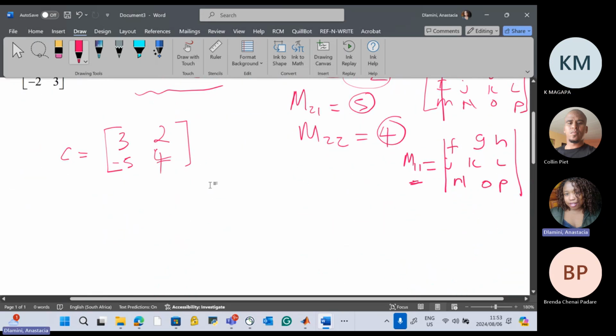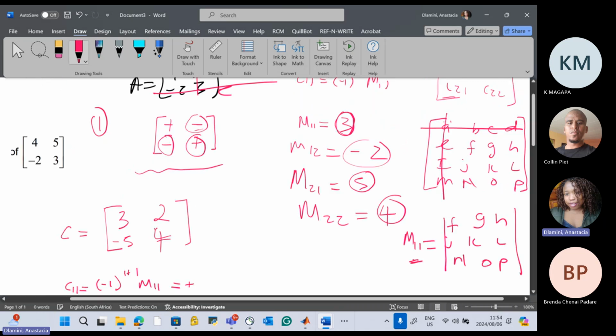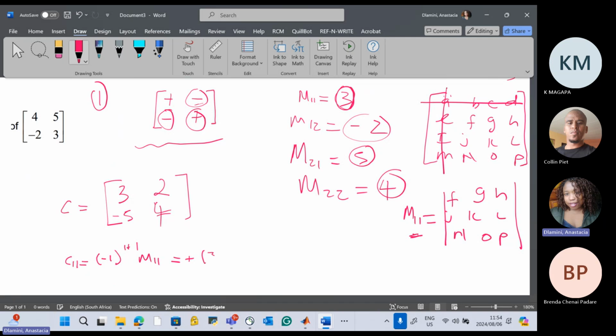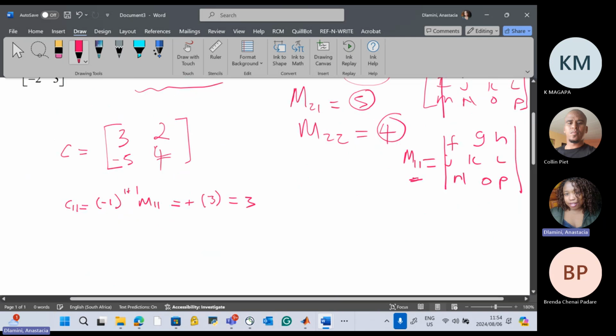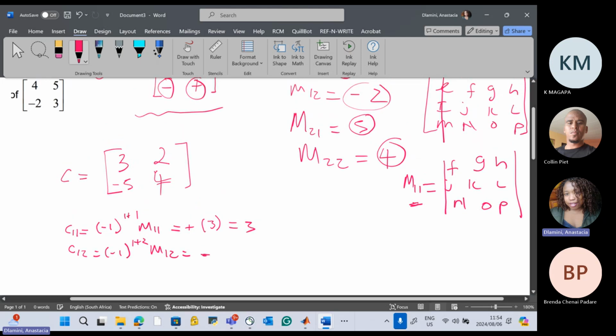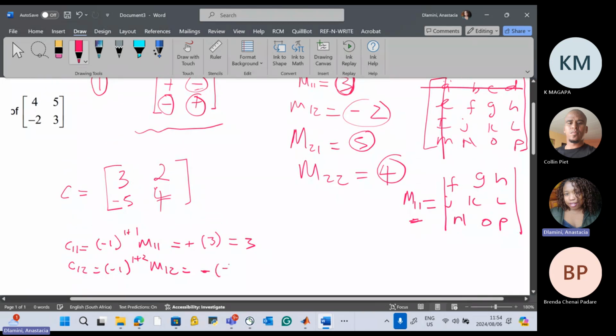What I mean is, go and do C11 is equals to (-1)^(1+1) M11. You know this is to the power of 2, so it becomes positive. M11 is 3, then you get your answer. Then C12 equals (-1)^(1+2) M12, this is negative, so -M12 is -(-2), which is equals to 2.